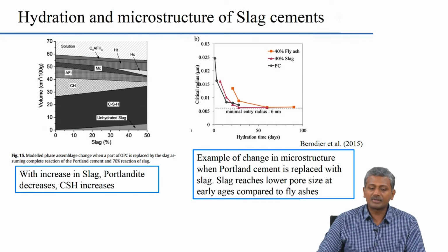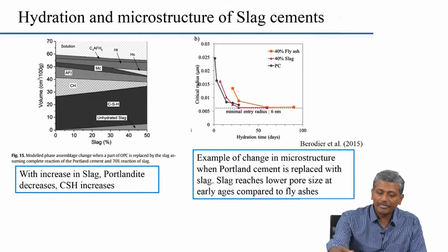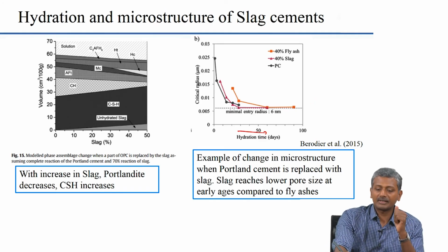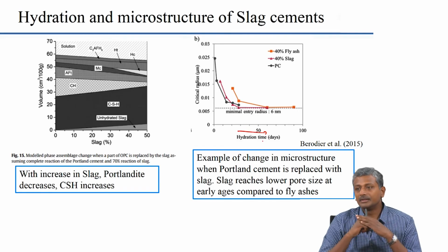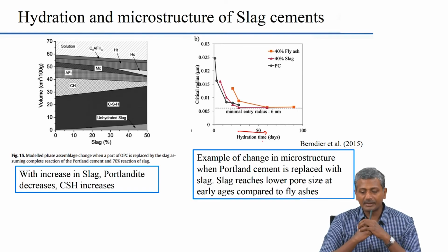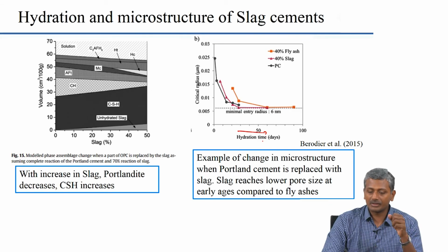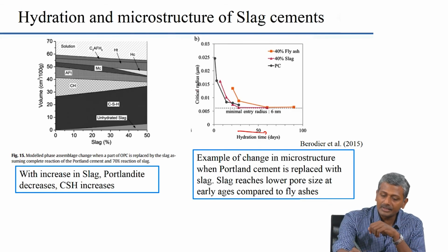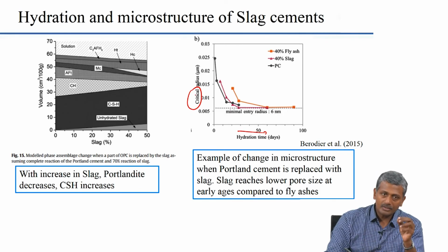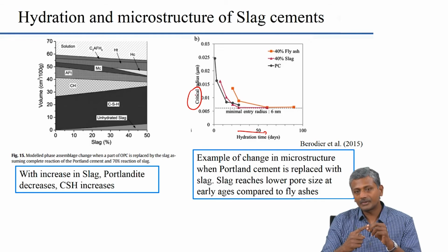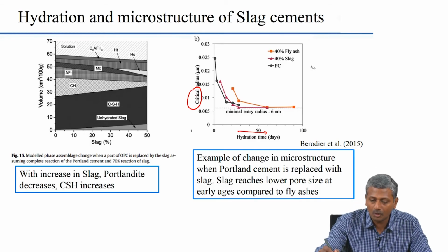Now, again here this is one of the results which is actually showing you the size of the porosity with increasing level of hydration. Okay. So, on the right hand side you have this image which is showing a cement with Portland cement replaced by slag, okay, and it is also showing the size of the pores with increasing levels of hydration, and you can see very clearly that the critical radius, that means the largest pore that is still available in the system through which liquids can penetrate your concrete, the critical radius determined from an experiment called mercury intrusion porosimetry.